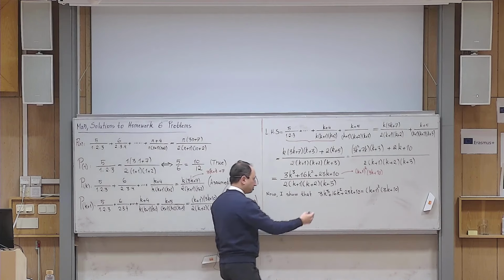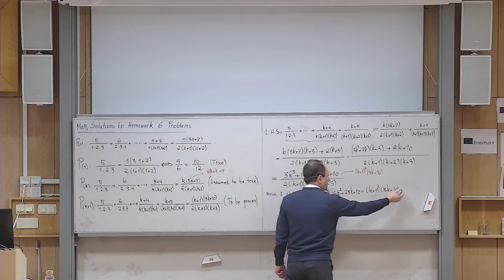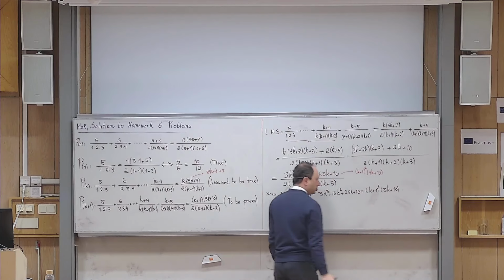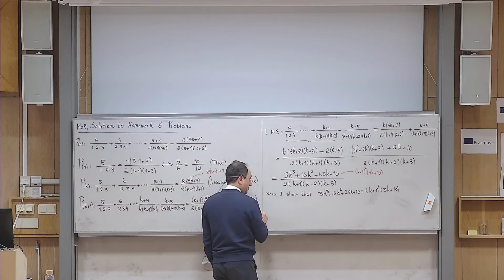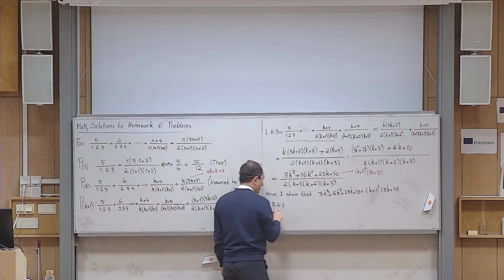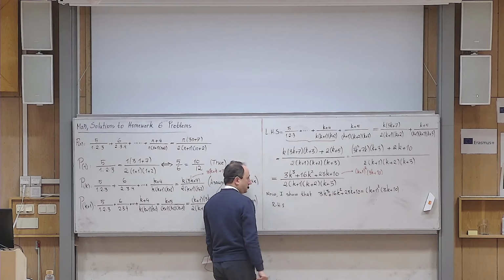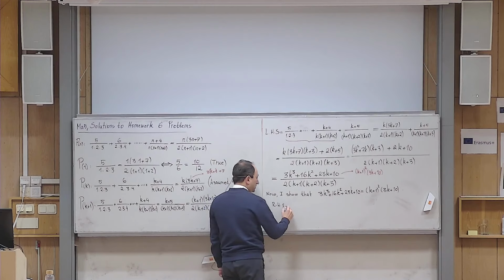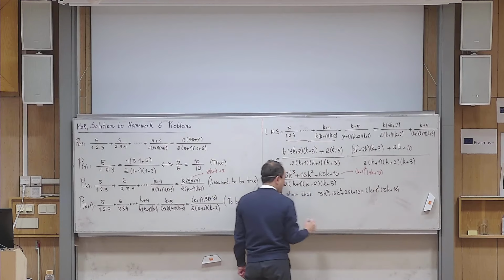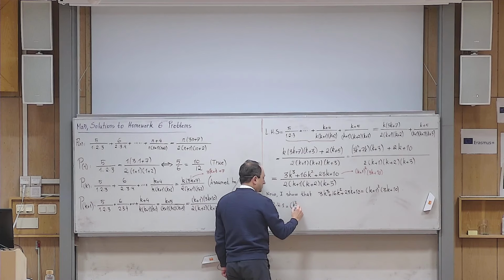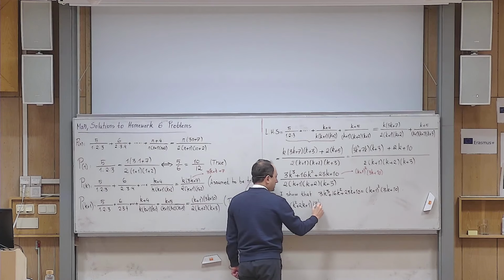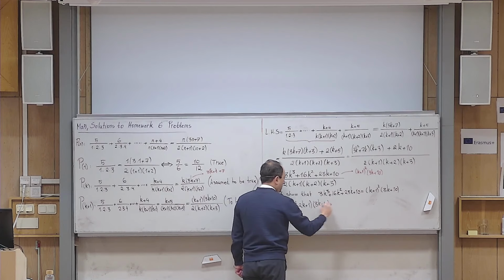But now I want to show it not by factoring, but by expansion. So the right-hand side of this claim, this RHS means the right-hand side of this claim, is equal to, let me expand. So this is a squaring rule. The first one squared, 2 times the first one times the second one, plus the second one squared, times 3k plus 10. And then I have to multiply again.